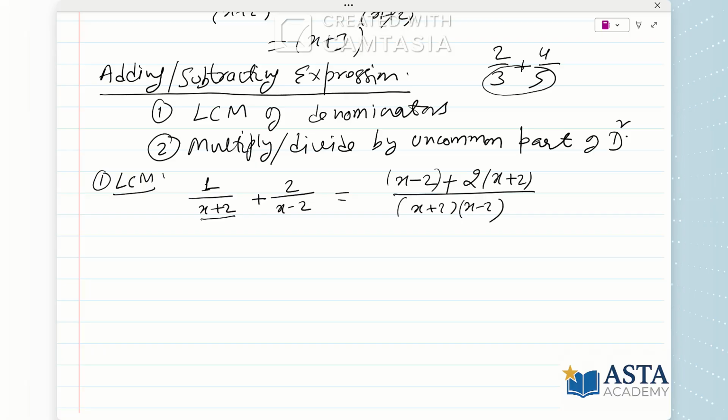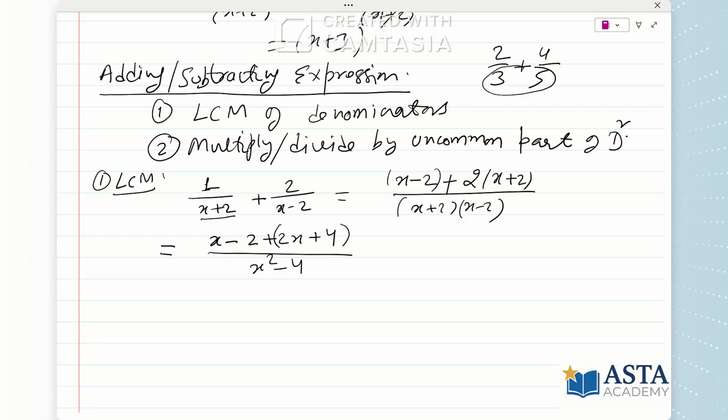Simple math. Then you need to simplify the numerator here. So this will be equal to x minus 2 plus 2x plus 4, distributing 2 to x plus 2, divided by x squared minus 4.